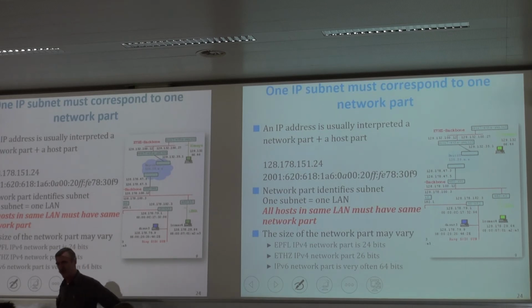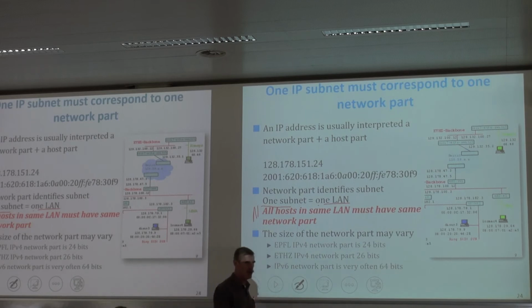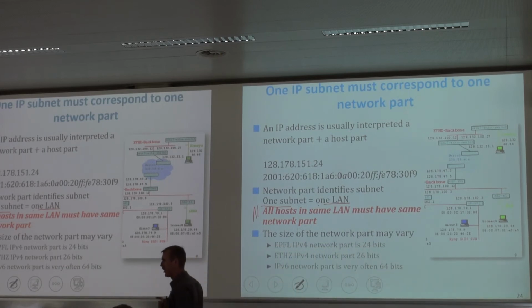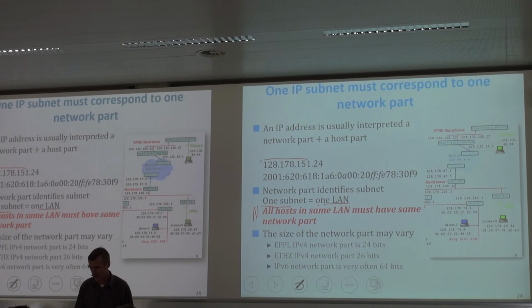First, let's observe this thing that is not entirely obvious, that in IP, one subnet is equal to one LAN, and this is enforced by requiring that all IP addresses of interfaces that are in the same local area network must have the same network part. So the network part is this variable part that identifies what is the LAN.